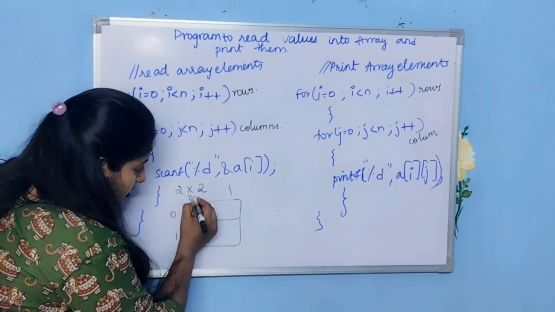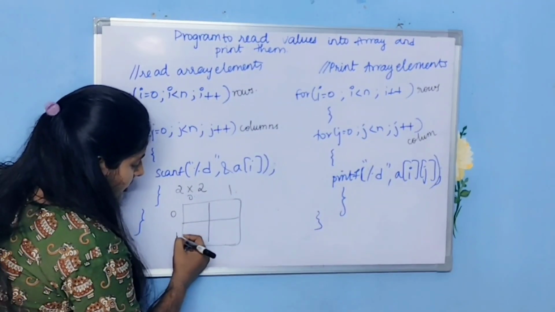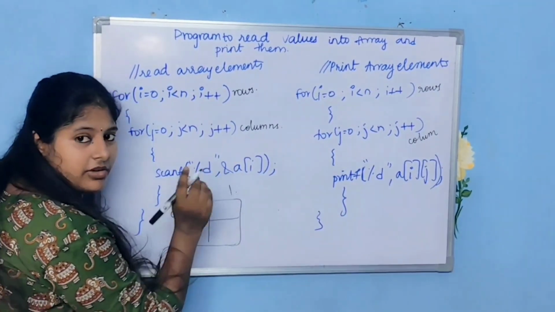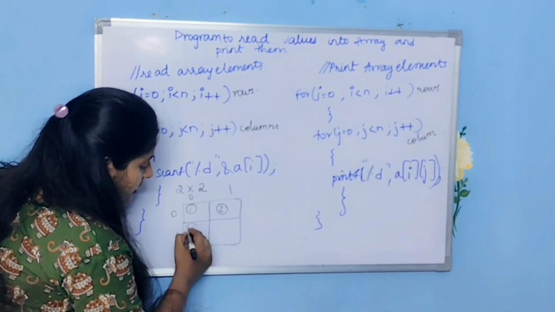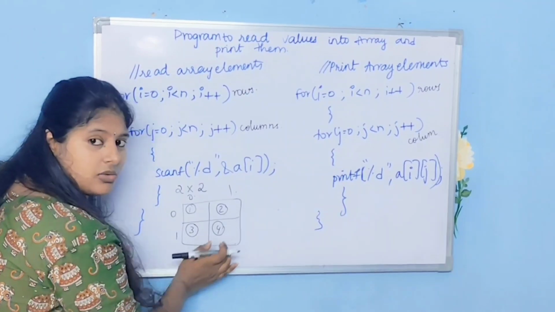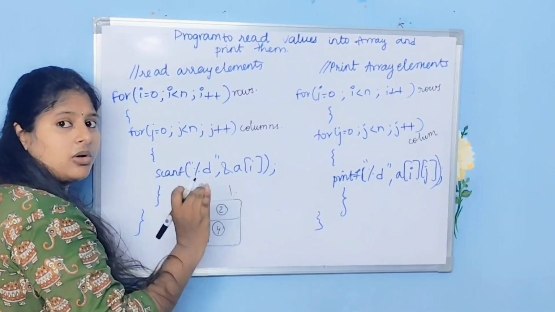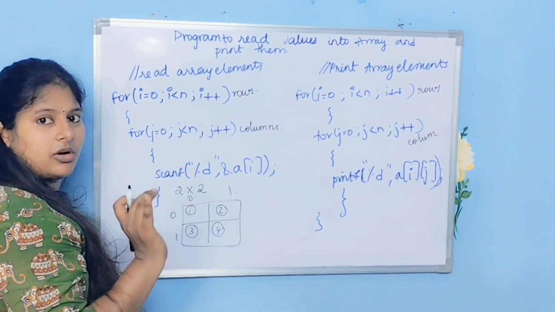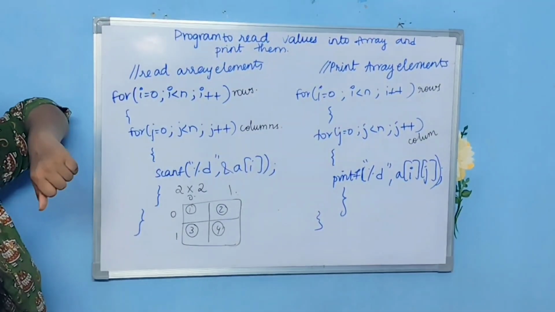First you print 0,0, then 0,1, then 1,0, then 1,1. First this one, second this one, third this one, fourth this one. Because if you have many rows, only after completion of the first row will the second row be executed. Now you will understand this concept through this program.